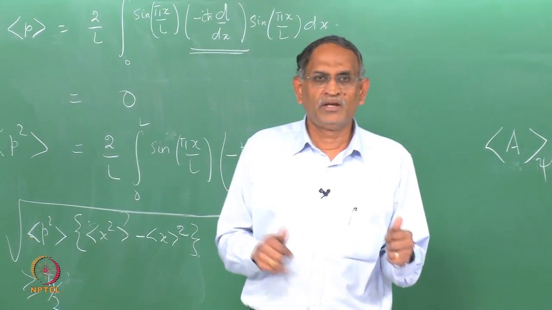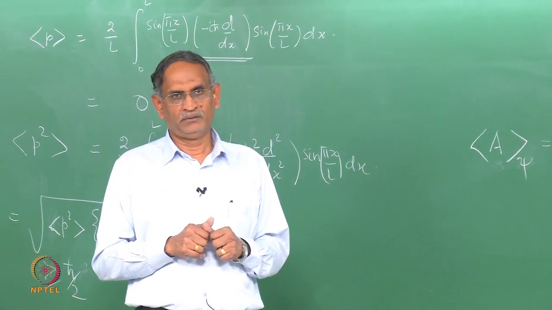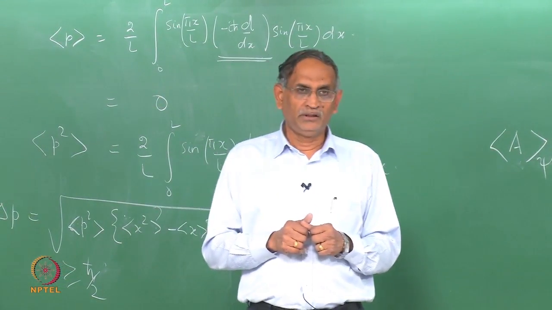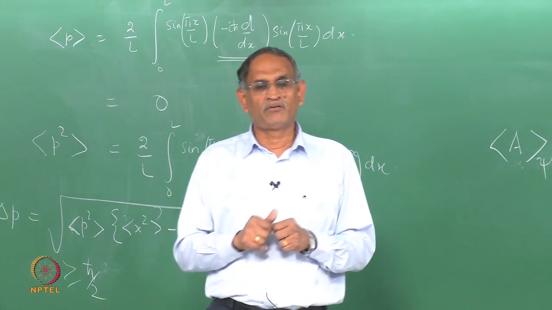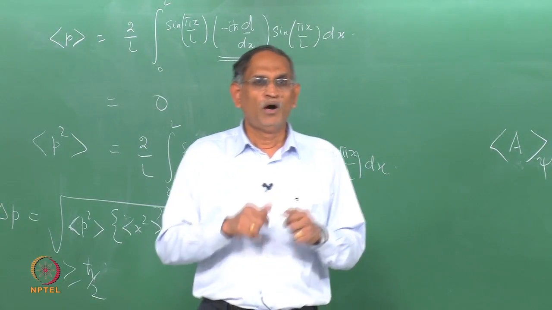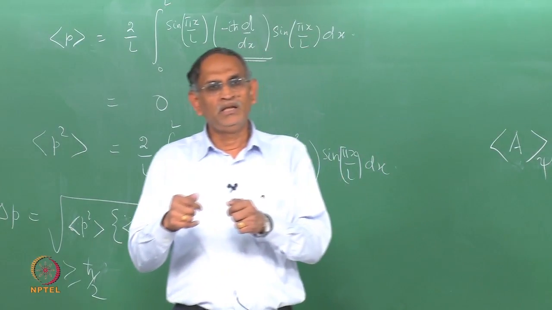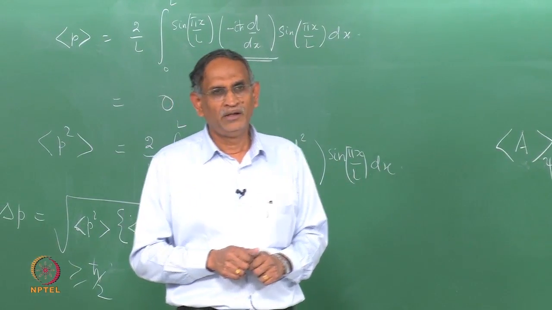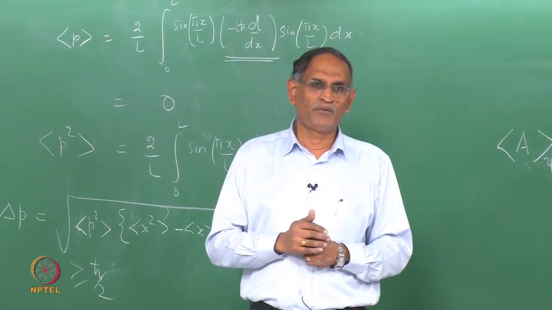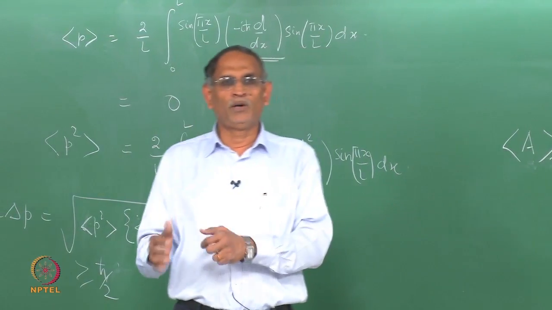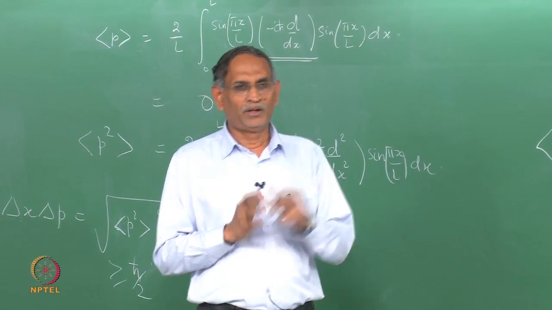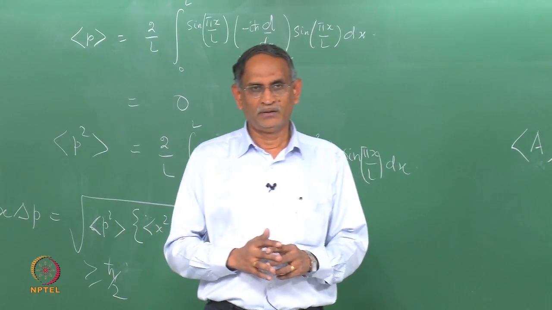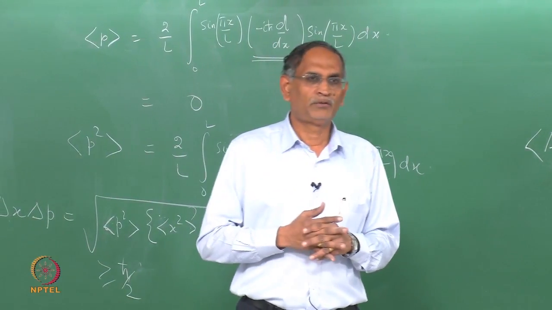Therefore, x and py can be simultaneously measured or can be ascribed as a property to the system. Y and Px can be simultaneously specified for the particle, x and y can be specified, Px and Py can be specified, but not x and Px, and y and Py. That is the only thing you have to remember.